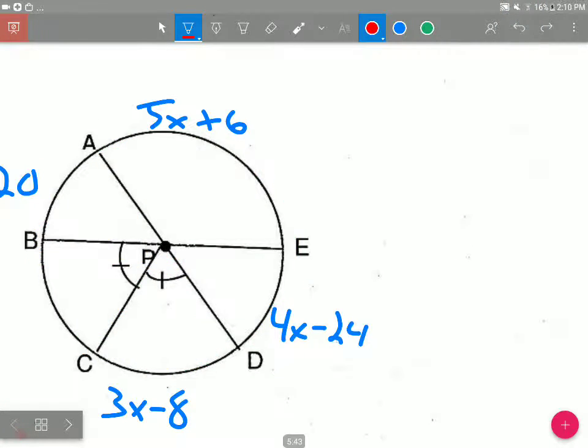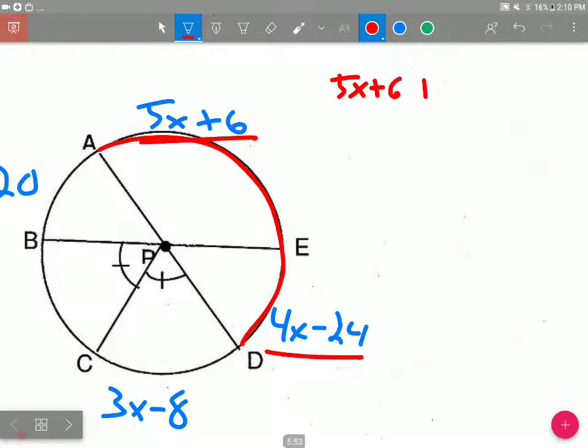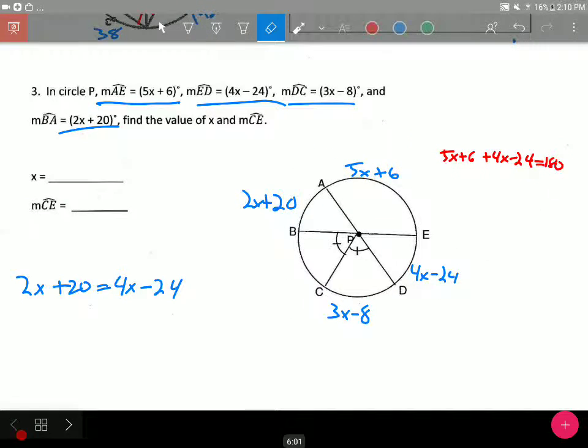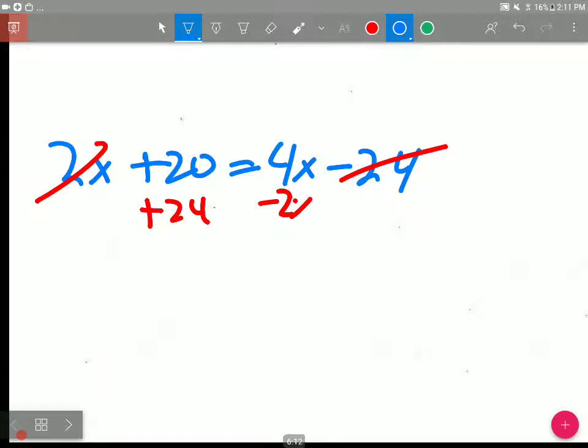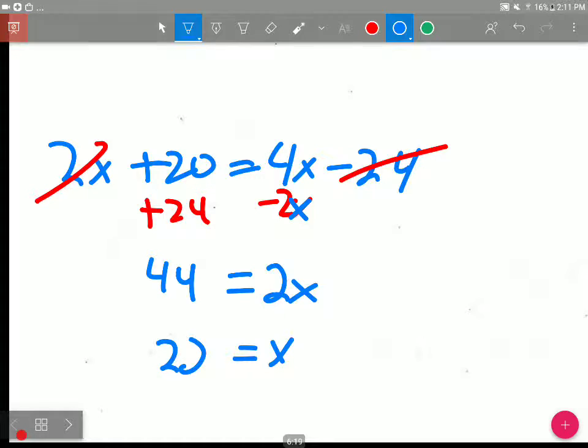So 5x plus 6 plus 4x minus 24 equals 180 degrees. Both of those are perfectly legitimate ways of doing this. I'm going to do it the other way because I like my way better. So let's subtract the 2x and add the 24. So 2x equals 44. X has to equal 22, and you should get 22 no matter which way you do it.